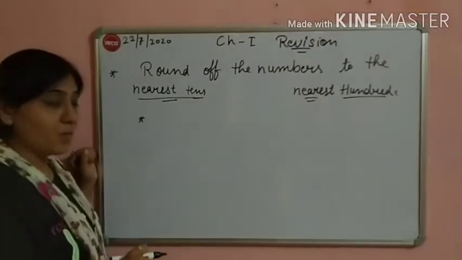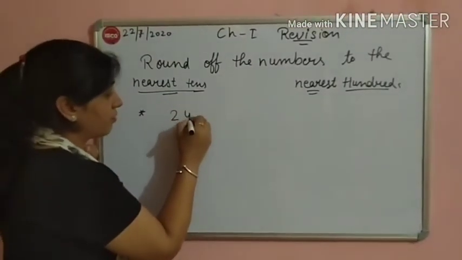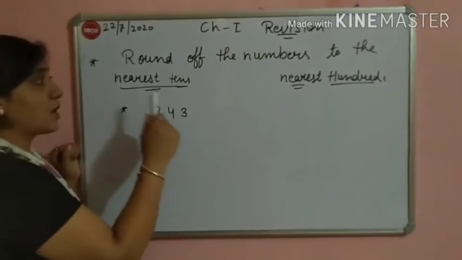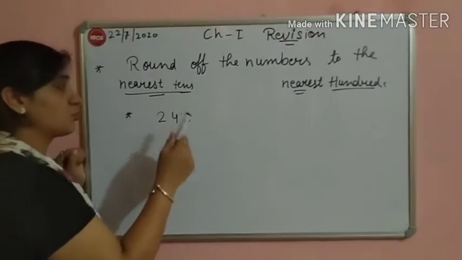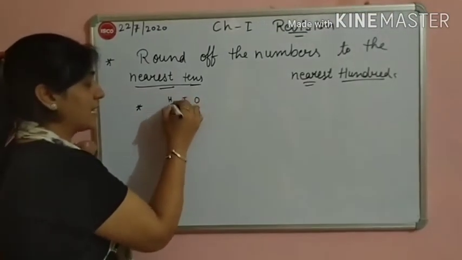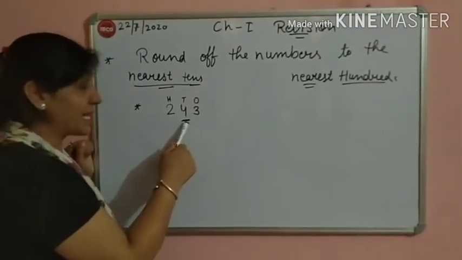Now look at some more examples. I am having number 243. Your question is asking to round off the number to the nearest 10. See, ones, tens, 100. We have to round the number to the nearest 10.